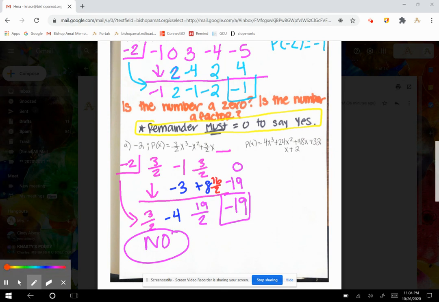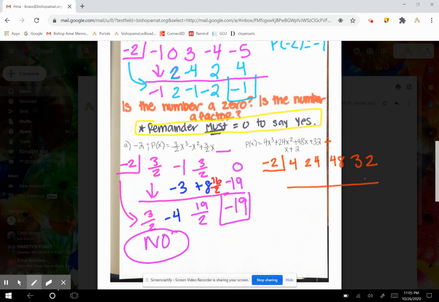Okay, let's try this next one. It's saying this divided by x plus 2. So the x plus 2 goes in your box, as -2. Okay, and then you write it out: 4, 24, 48, and 32. You always want to check to make sure: 3, 2, 1, 0.